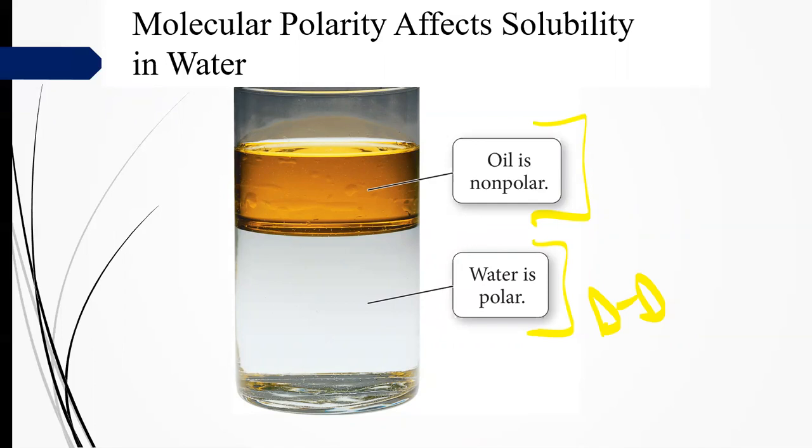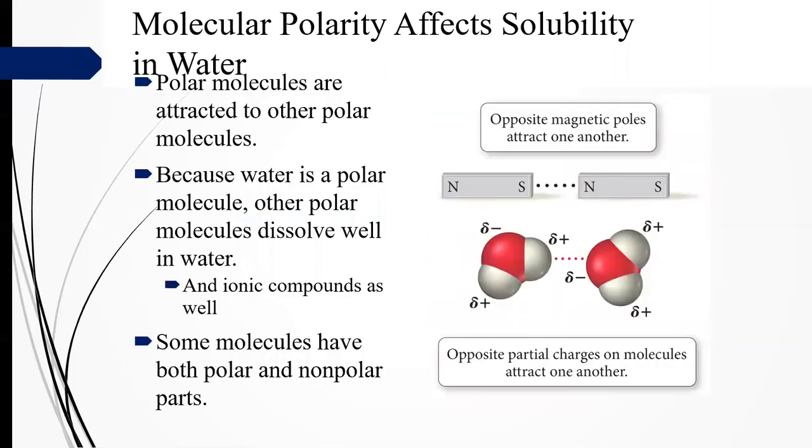If we had a polar substance, then those attractions could mix in with our water and we would be able to have some solubility or some mixing between them. And so just think that the opposites of the polar molecule attract, and that's why we get the saying that like dissolves like. You need polar things to dissolve other polar things. You need nonpolar things to dissolve other nonpolar things.